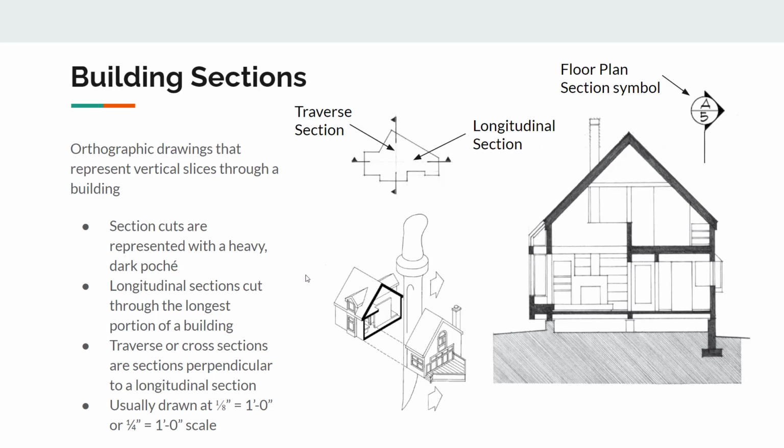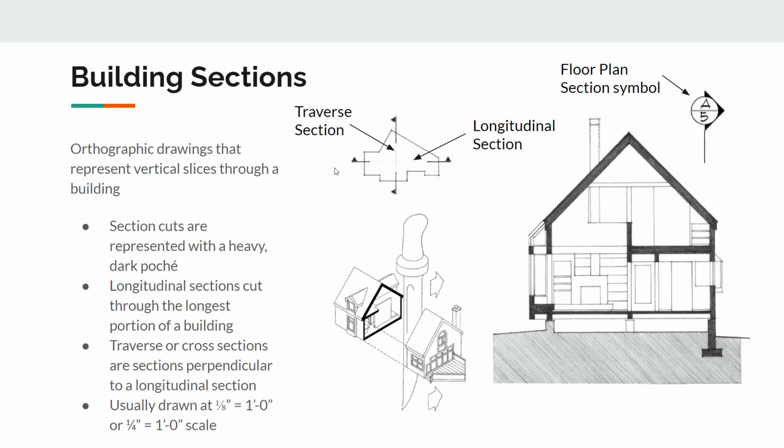Longitudinal sections are sections that cut through the longest portion of the building. All right, so this is actually like a plan representation of a building, like a very simple one. But this line right here, this is representing a longitudinal section, and then this one right here is what's called a transverse section. And a transverse section is also known as a cross section, but basically it's a section that runs perpendicular to the longitudinal section.